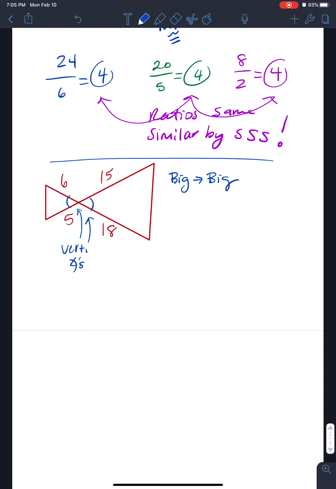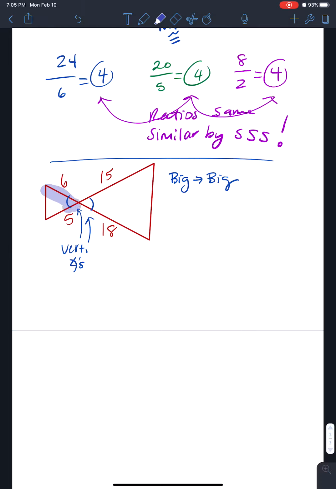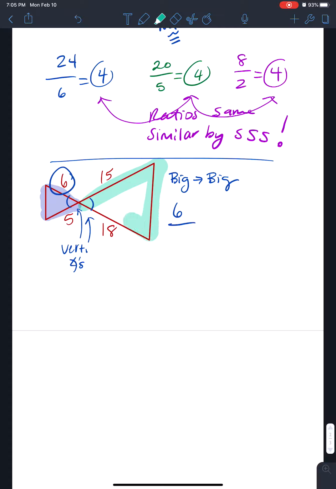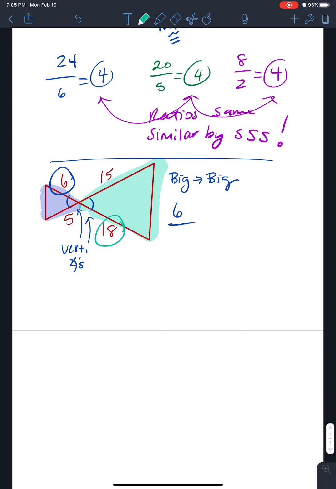So the biggest on this triangle here is obviously 6, right? So 6 corresponds to the larger one over here on this triangle. And out of 15 and 18, hopefully you can clearly see, 18 is the bigger, so 6 over 18 is corresponding. And so that's going to simplify to 1/3.